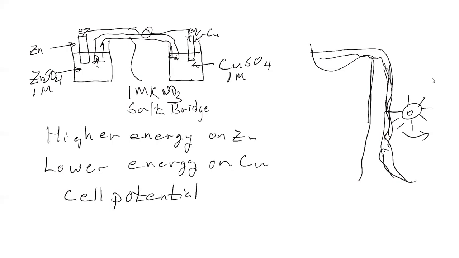The cell potential is measured in volts. And the units on volts are joules per coulomb. So if I have 1 volt, 1 coulomb of charge will have an energy of 1 joule. Now remember, an electron has a charge of 1.6 times 10 to the minus 19 coulombs.